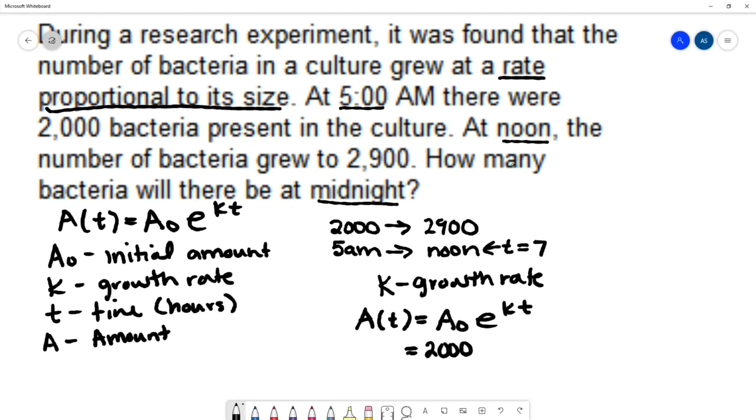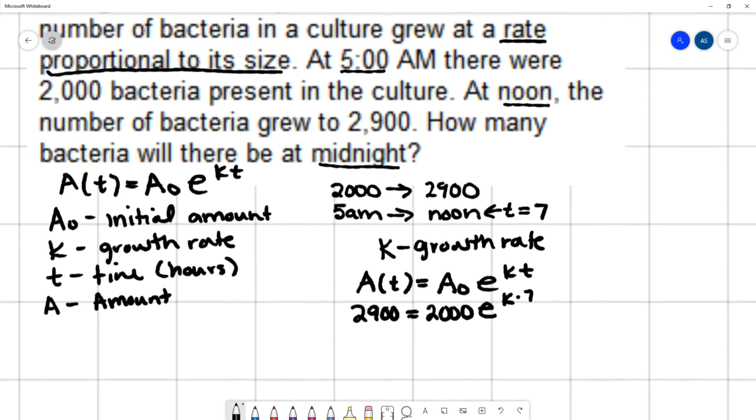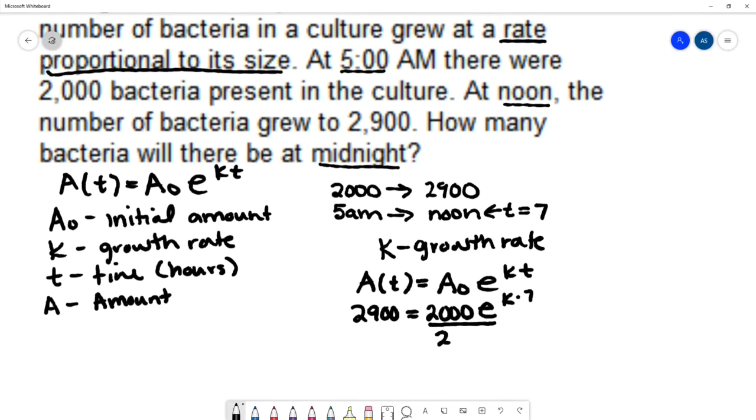A is our ending population, that's the 2,900. E to the k times 7. We'll start solving by dividing by 2,000. 2,900 divided by 2,000 will reduce to 29 over 20. We have e to the 7k.